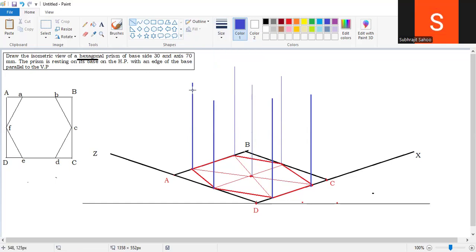Observe. Here to here I am joining. 70. Where will the 70 be then? Exactly at that level you have to join. Here to here I am joining. Right. Here to here I am joining.